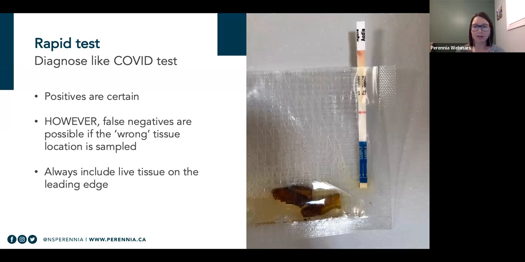You can contact me if this is something you're ever interested in, if you think you have fire blight, and I'll be taking the live tissue on the leading edge where we would be able to detect it using this kind of procedure. We are charging a small fee for these kits, around $15, just to cover the cost of those supplies.